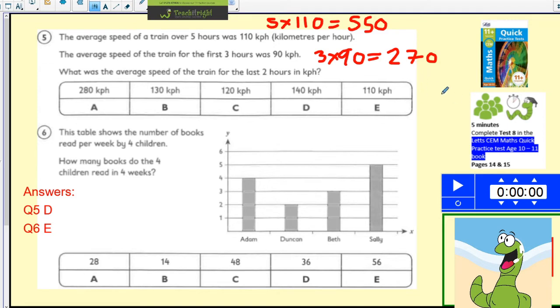So we'll do 550 minus 270. And 550 minus 270 is going to be 280, I want to say. And if we covered 280 in the 2 hours, the speed must have been each hour 280 divided by 2, which is going to be a total of 140 kilometers per hour.